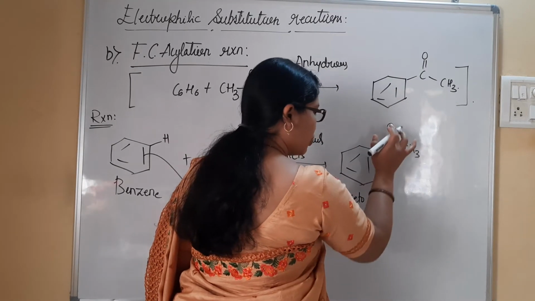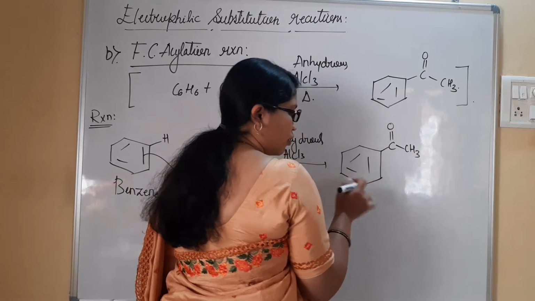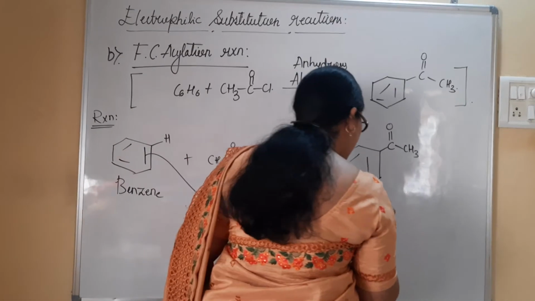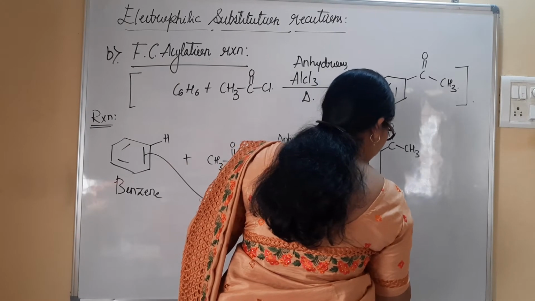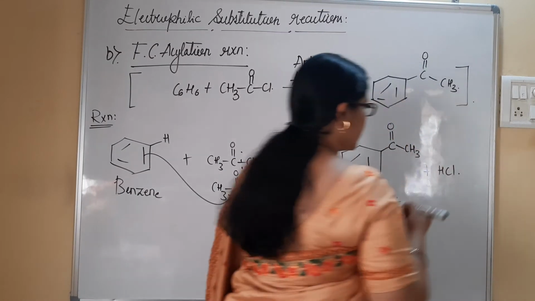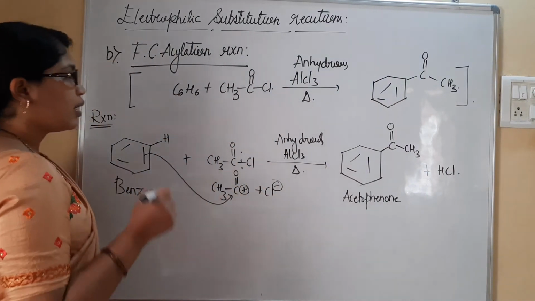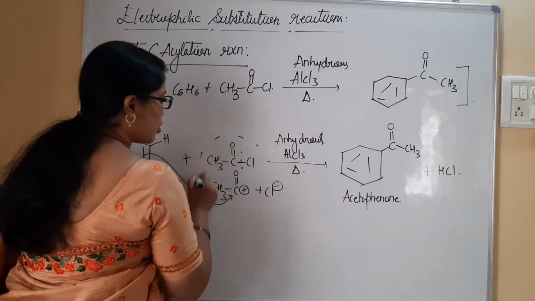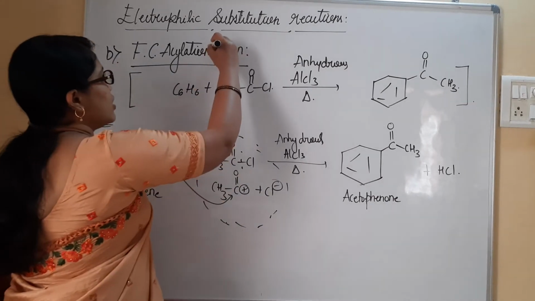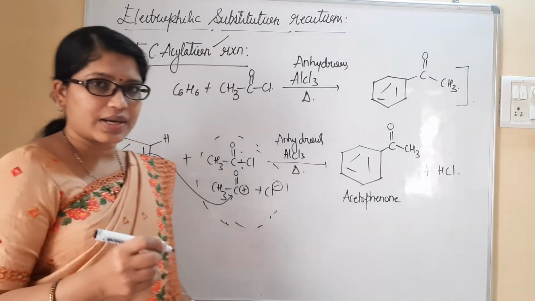This is the acetyl group. This is said to be the phenyl group. So the compound obtained here is called acetophenone. Then we have hydrochloric acid, HCl, liberated. As we are making use of acyl chloride or acetyl chloride, the reaction is said to be an acylation reaction.